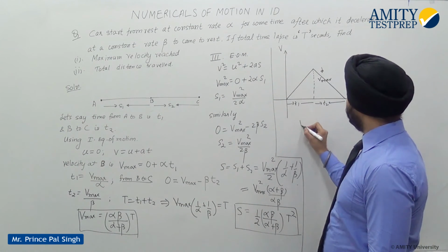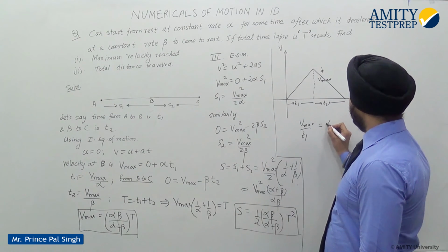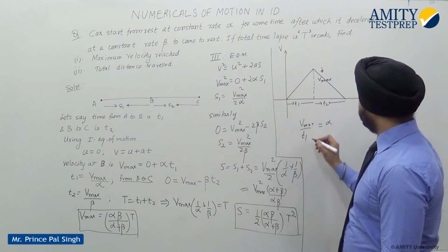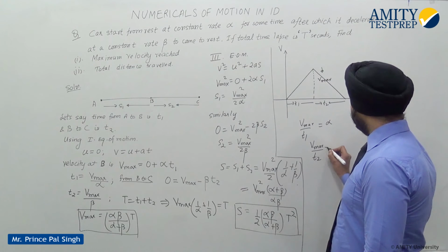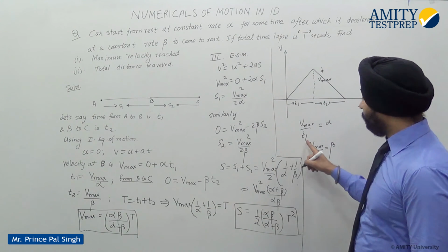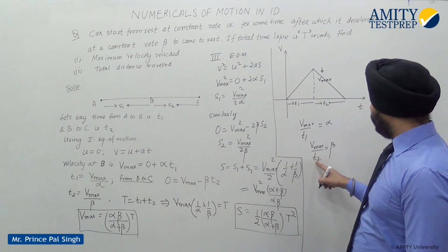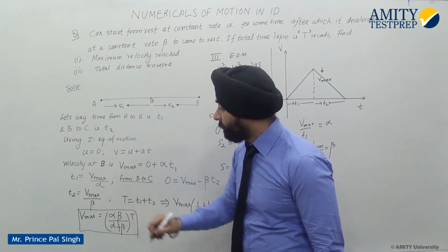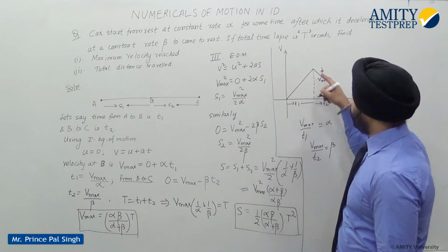So the slope is V max upon T1 equal to alpha. In the same way, V max upon T2 equal to beta. From here you see that T1 is V max upon alpha and T2 is V max upon beta, just like before. Adding T1 and T2, we again get this relation from the graph.